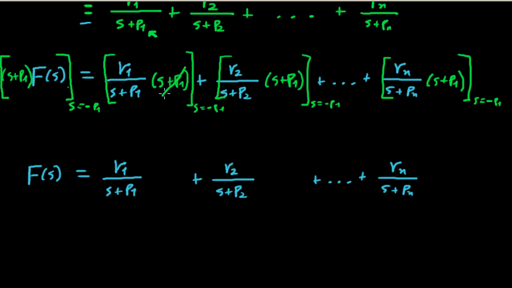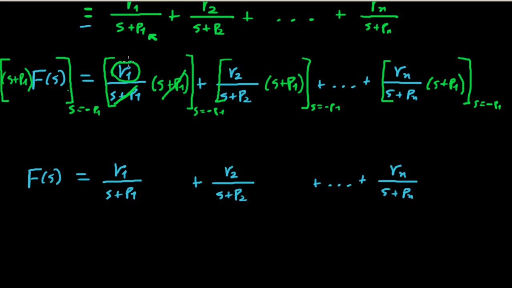Well, here s plus p1 cancels out with this denominator and we get r1, and here we have minus p1 plus p1, that is 0, and all this is 0, and the same thing happens with pn. Everything else is 0, so on the right side we only have r1. So this is kind of a formula for r1, although I don't like to learn this through formulas.